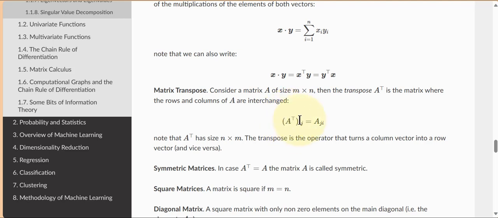In this book's notation, you're always allowed to put ij against any matrix, to talk about the specific elements of the matrix. Well, A transpose is a matrix, so you can put ij next to it. So when you do that, you're asking what is the ijth element of this matrix, and the answer is, given here, it's the jith element of the original A matrix.